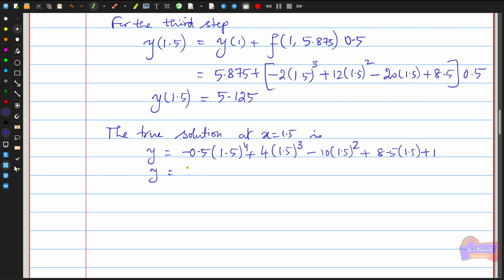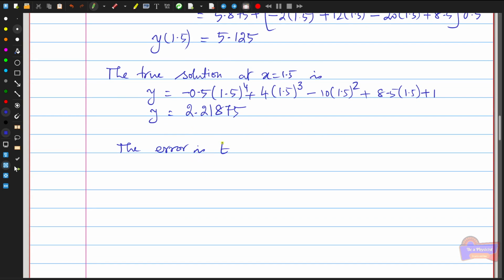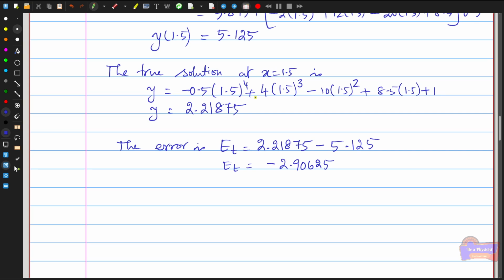So the final value of y is 2.21875. So this is the exact solution. Now you can again calculate the truncation error. The error ET is equal to 2.21875 minus the calculated value 5.125, and the final value is equal to minus 2.96025.